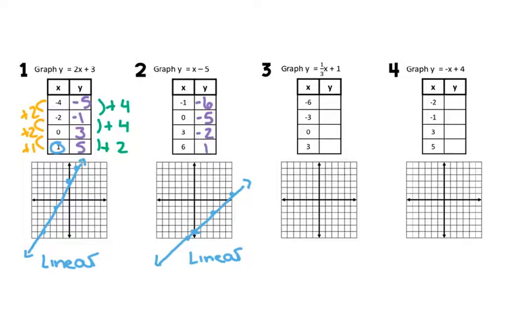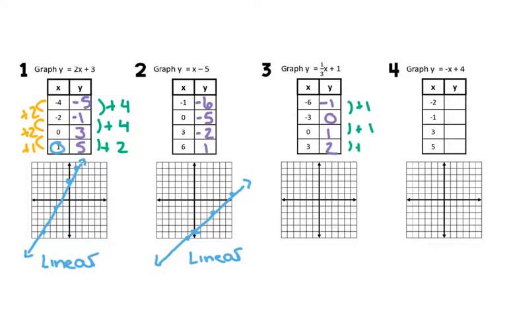All right, negative 6 times a third is negative 2, plus 1 is negative 1. 1/3 times -3 is -1 plus 1 is 0. 0 times 1/3 is 0 plus 1 is 1. And then 1/3 times 3 is 1 plus 1 is 2. So this one shows me a constant rate of change.